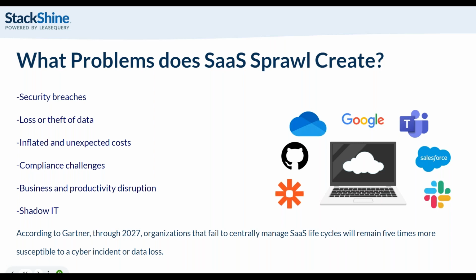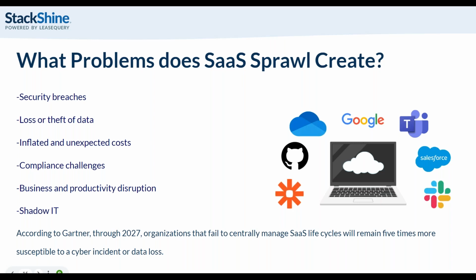That obviously increases your risk of data loss or theft. So you have these different software and sensitive data floating around, more likely you're going to end up with a security issue. And then of course, if you have duplication of software or software they're not using, you end up with inflated costs.